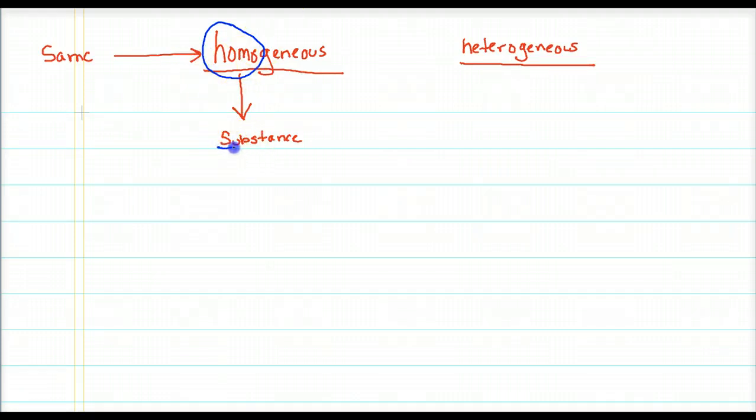Now, a substance can be broken down into two different types of substances. Well, the first one is a compound. Okay, a compound. Now, a compound is, of course, the same throughout. That's why it's homogeneous. And what makes a compound the same throughout is it's made up of the same type of molecules.